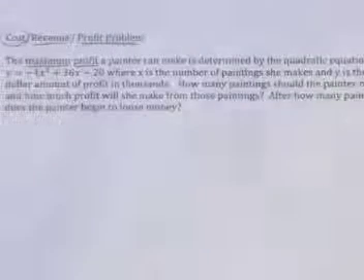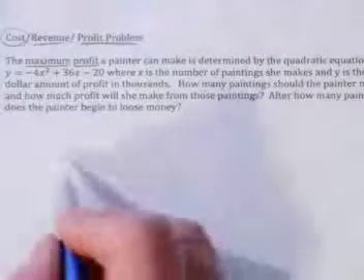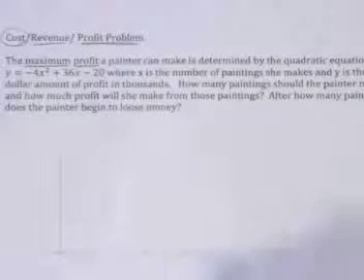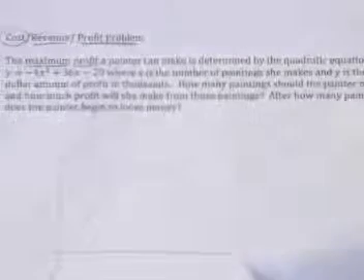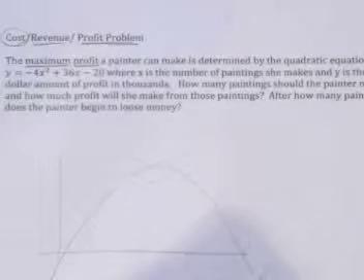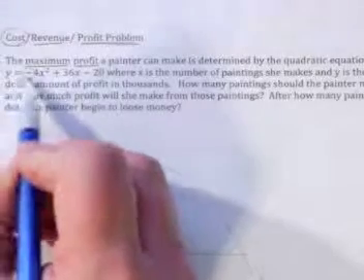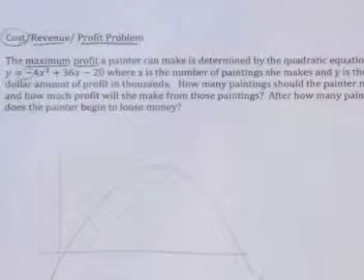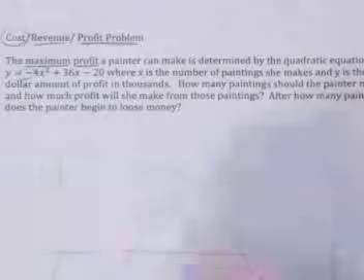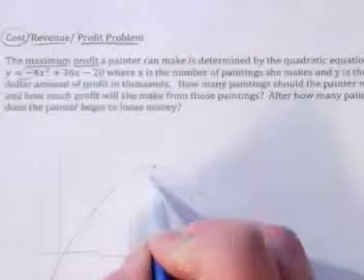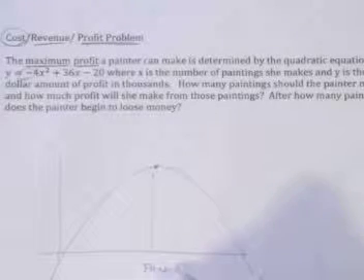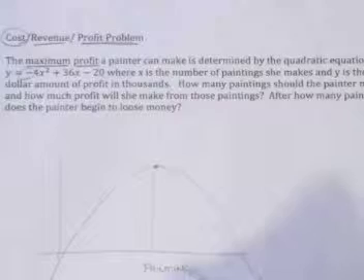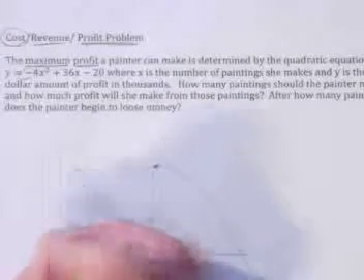So the problem doesn't tell me to graph this equation, but I like to get a picture of what's going on in my mind. If I loosely graph this, I know I'm going to have a quadratic that opens down because I have this negative in front of my leading term. On the x-axis, this is the number of paintings, and on the y-axis, there's going to be a dollar amount.